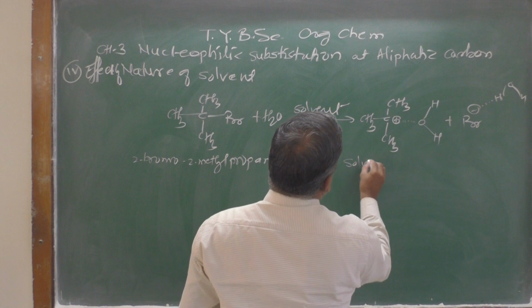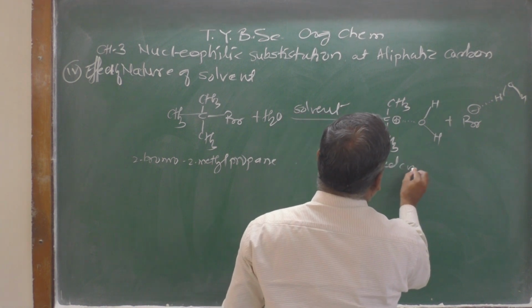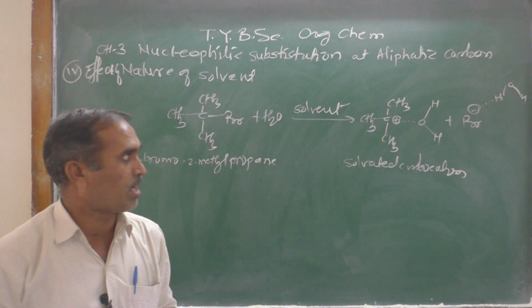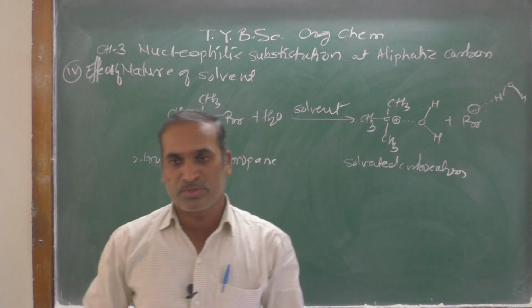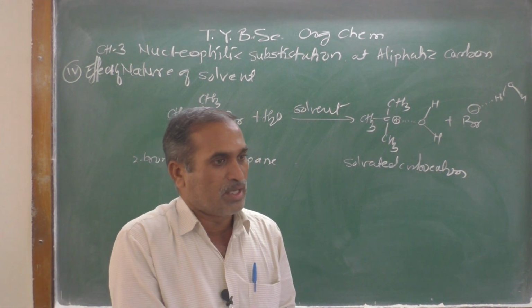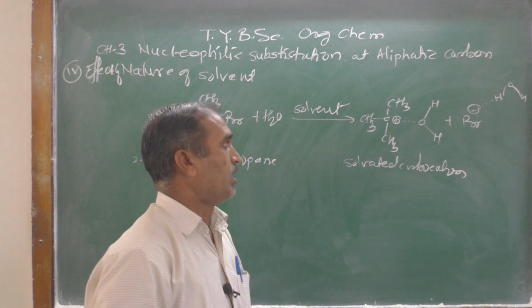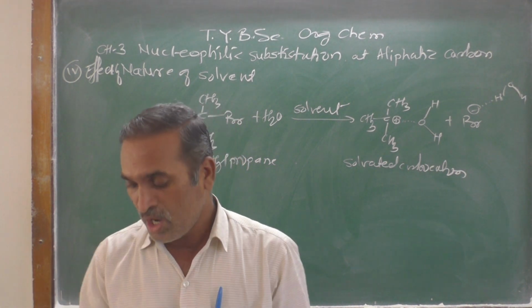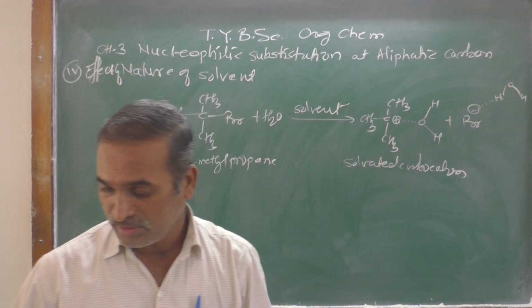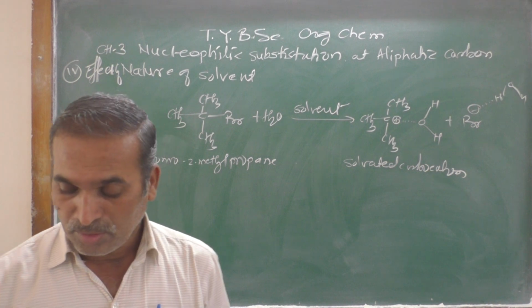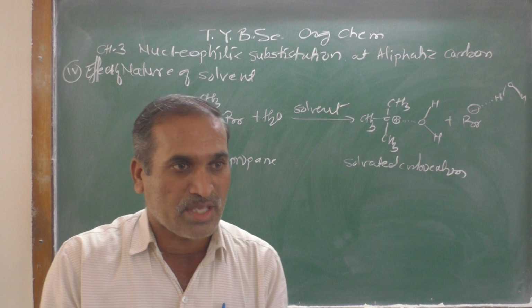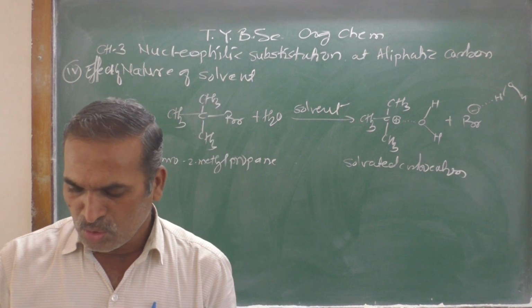The leaving group after departing also becomes stable because it is stabilized through hydrogen bonding, and therefore as the polarity increases, the rate of the SN1 reaction goes on increasing.